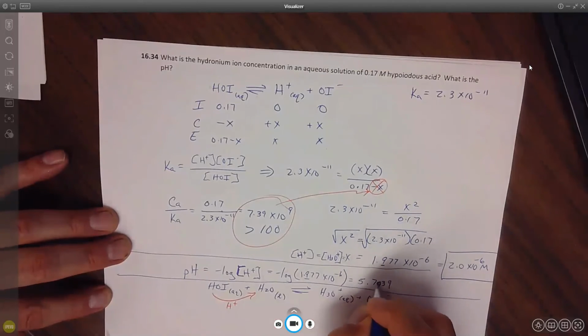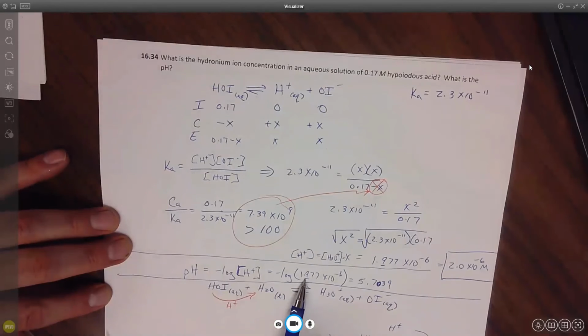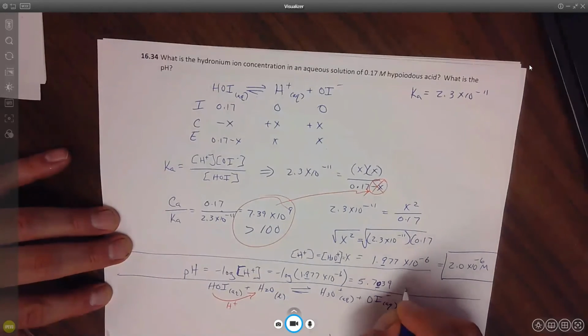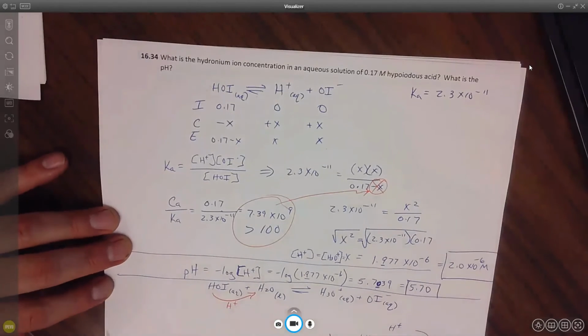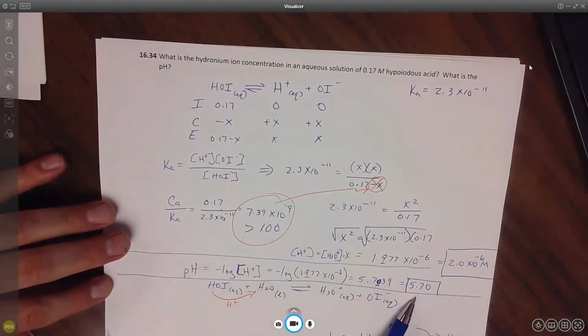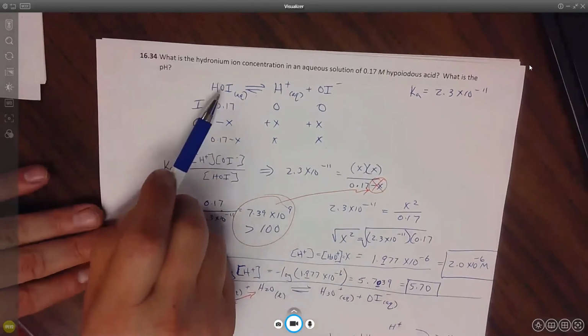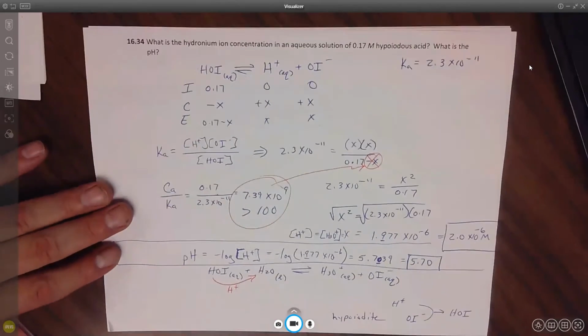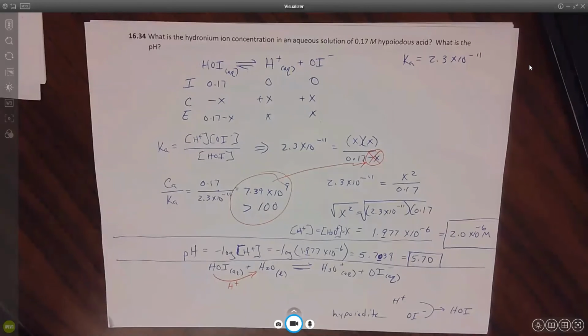There are 2 sig figs in our number, so we'll have 2 significant decimal places in our log. So that is 5.70 is the pH. It's less than 7, and that would make sense for an acid. Any questions about any of this good stuff?